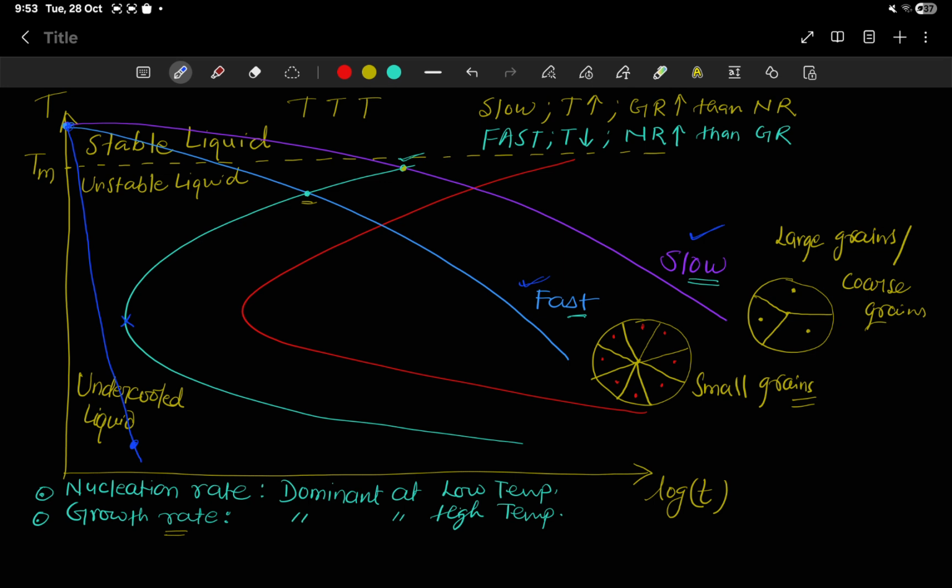And its transformation to solid is suppressed, right? So what we will get? We will get one undercooled liquid region, right? So as viscosity will increase, this liquid will become more and more viscous as we decrease the temperature, right?